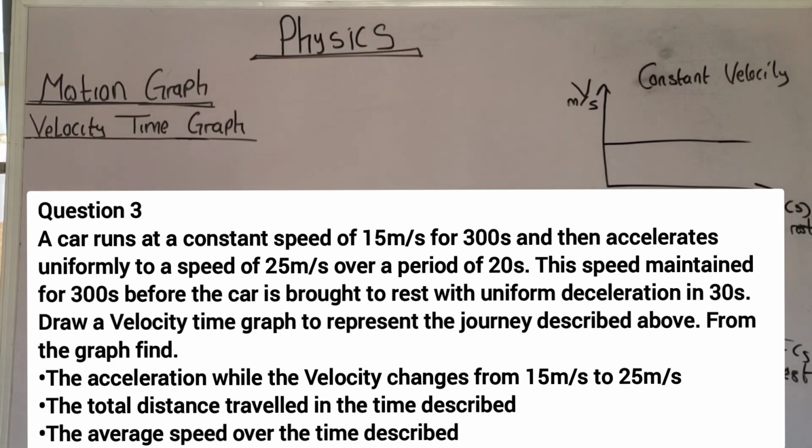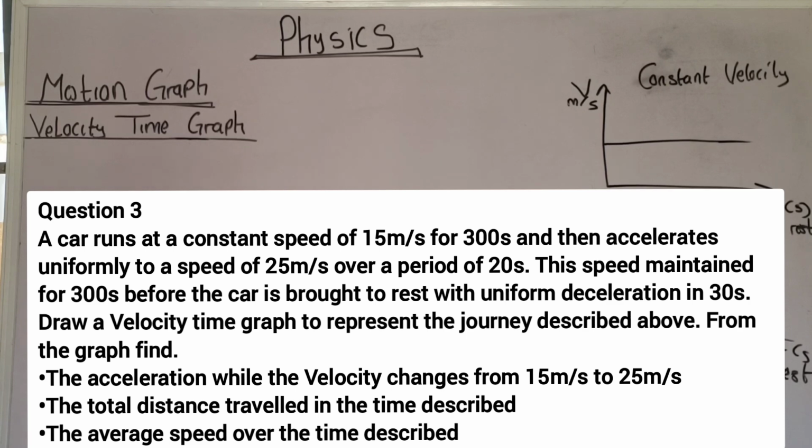Draw a velocity time graph to represent the journey described above. And from the graph, find the acceleration while the velocity changes from 15 meters per second to 25 meters per second, the total distance traveled in the time described, and the average speed over the time described.